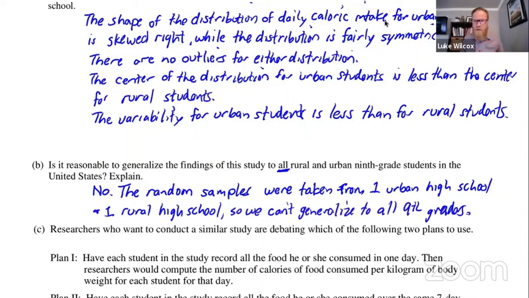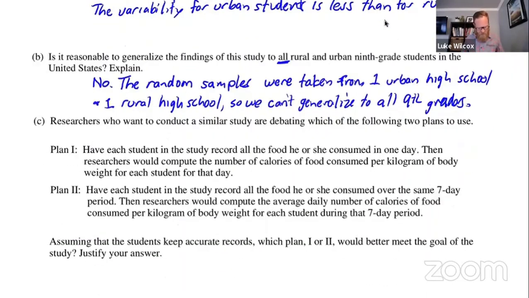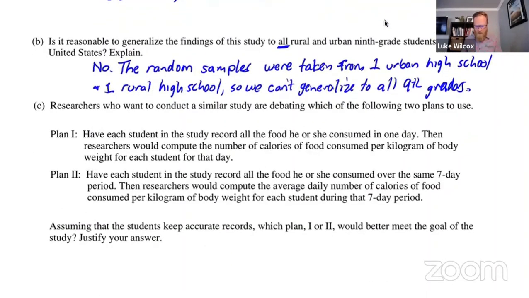Okay, so that takes care of part B, and we can move on to part C, which says, researchers who want to conduct a similar study are debating which of the following two plans to use. Okay, plan one, have each student in the study record all the food he or she consumed in one day. Then researchers would compute the number of calories of food consumed per kilogram of body weight for each student for that day.